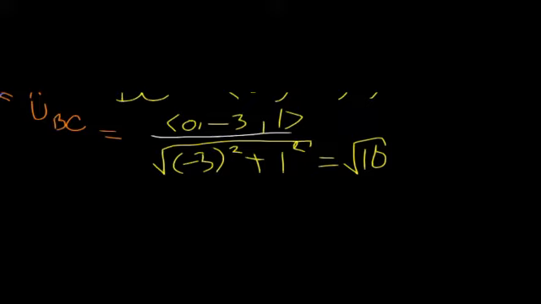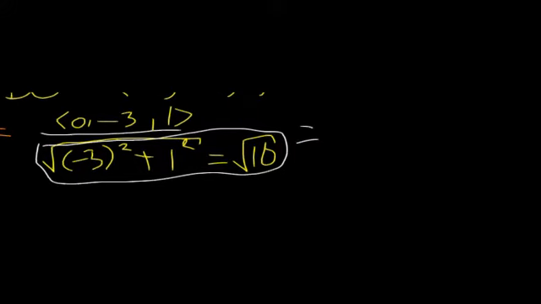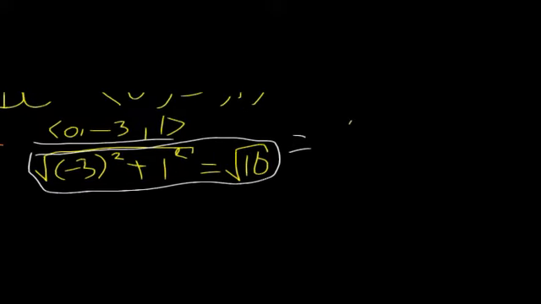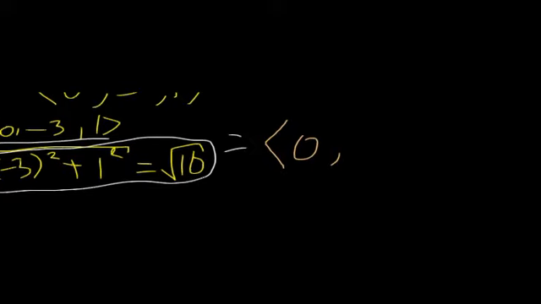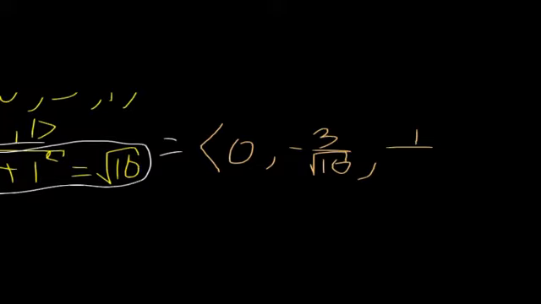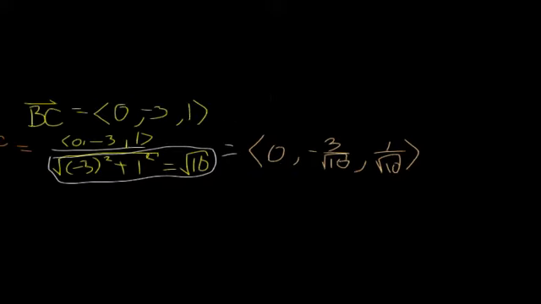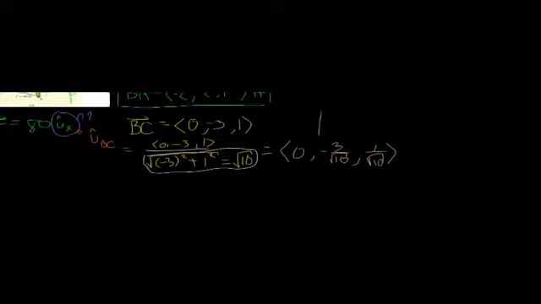The denominator part of the fraction is square root of 10, which means the unit vector along the BC direction is simply 0, comma, negative 3 over square root of 10, comma 1 over square root of 10. That is unit vector BC.